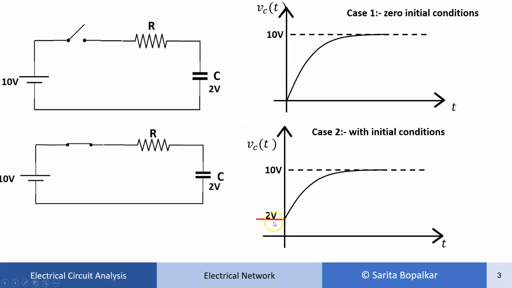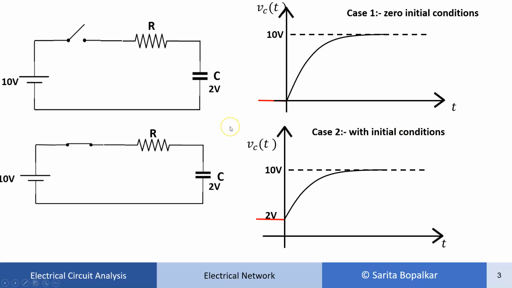So here the initial state is that 2 volt charge is already in the capacitor. Here it is 0 volt. So this is the initial state and this is the final state. Both cases we need to consider whenever we are solving transient analysis examples.